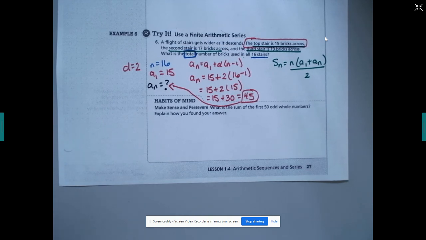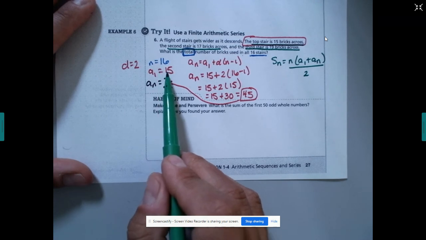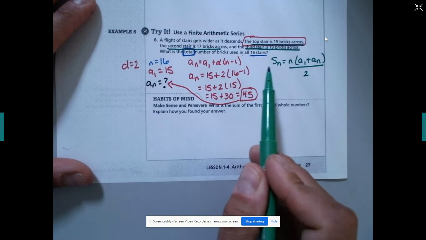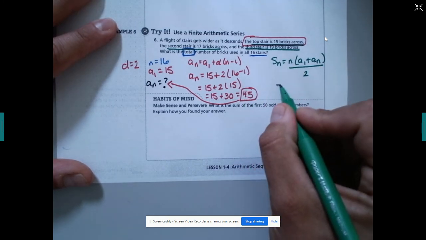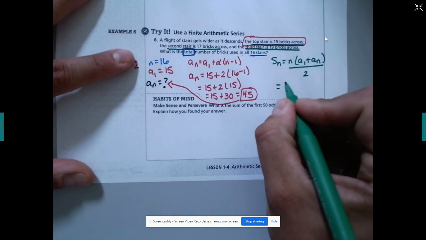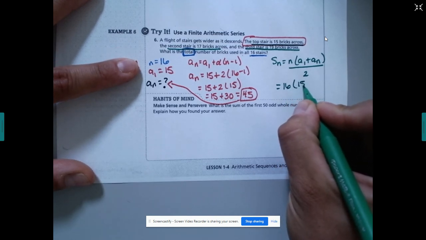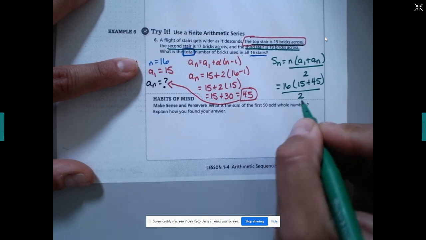So since an is 45, now I have all three numbers that I need. I know n, I know a1, and I know an. So I can do the final step, which is to plug all of this into the formula for the total, for the sum. So that would be 16 times 15 plus 45 all over 2.